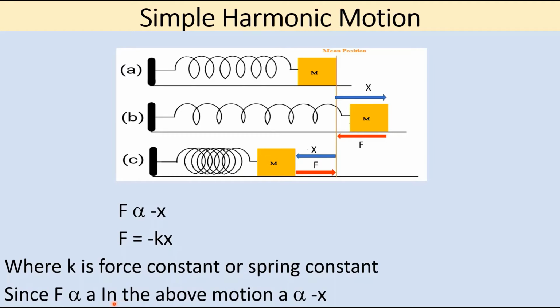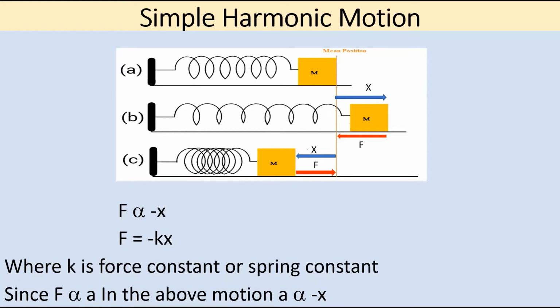Since F is proportional to A, that is, the restoring force is proportional to the acceleration, in the above equation the acceleration is directly proportional to the negative of the displacement.